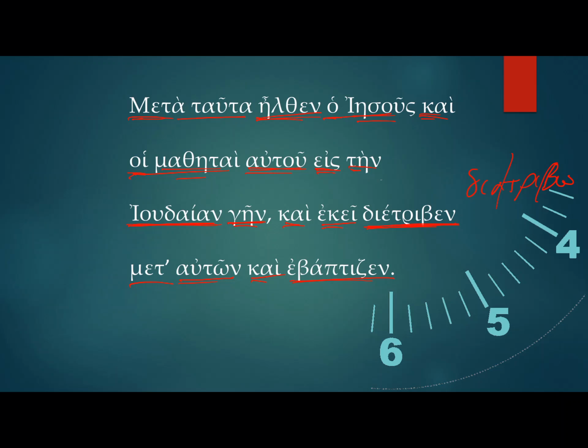Diatribo. So when we want to change this into the imperfect, the augment would come right after the alpha, okay? So when you have the alpha and the epsilon joined together, and then it forms the epsilon, okay? It contracts to form the epsilon.